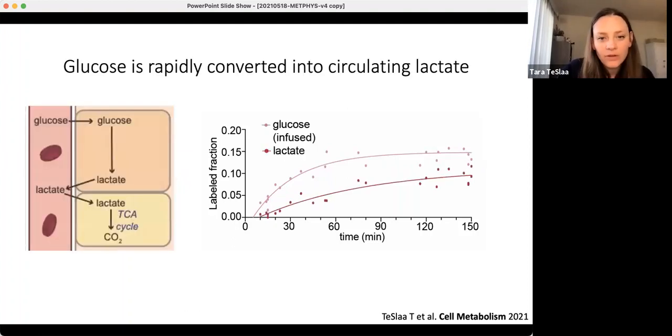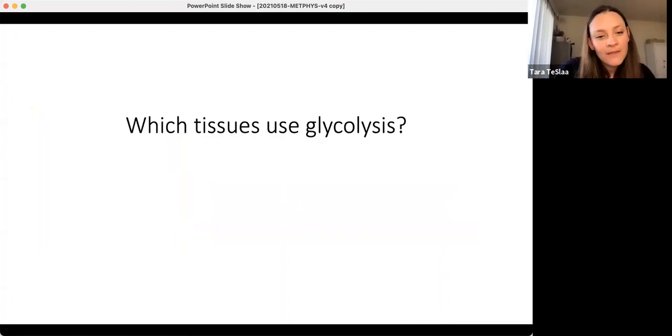And when we do this with glucose, one of the first things we see is the appearance of labeled lactate in circulation. So lactate is the product of glycolysis. And so we can see that it is becoming labeled over time, and by the end of our infusion, over 50% of lactate is labeled, suggesting that more than 50% of lactate comes from glucose. So it seems that glycolytic flux on the whole body level is very high.